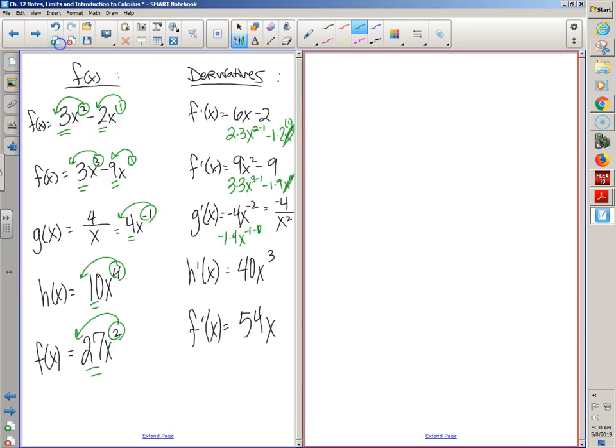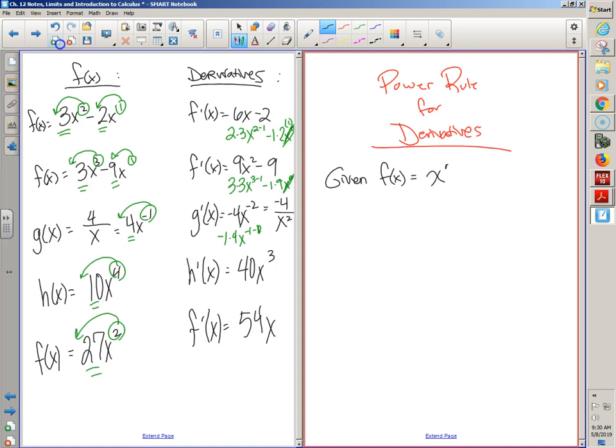You guys ready for the power rule of derivatives? If you are trying to find the derivative, there's the principle of having a number in front.